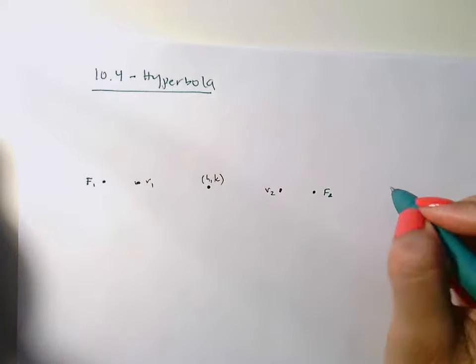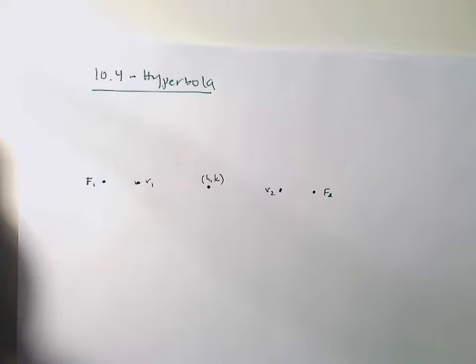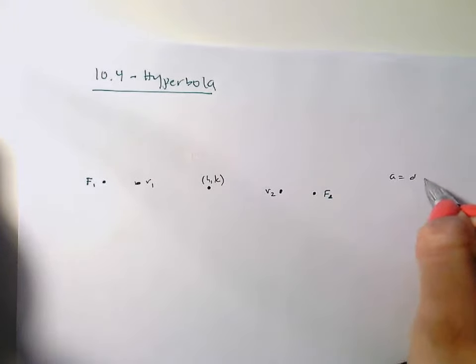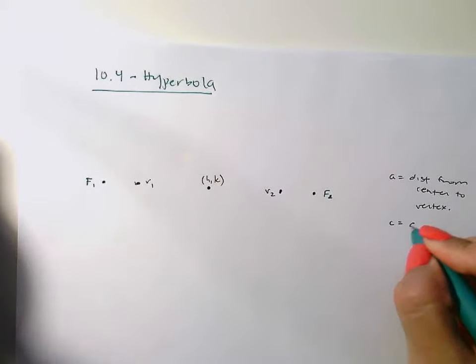So we said a was the distance from the center to the vertex, and the distance from the center to the focus is equal to c.